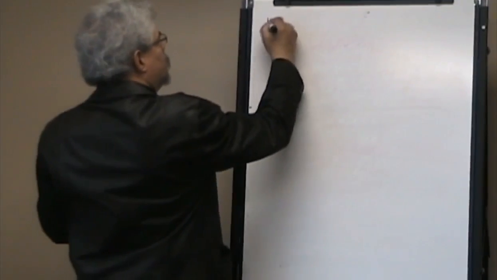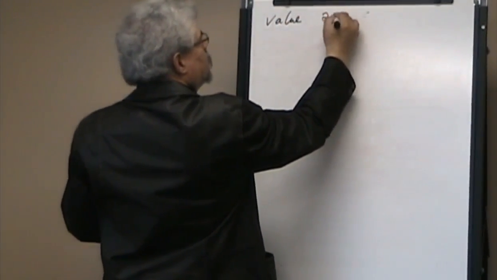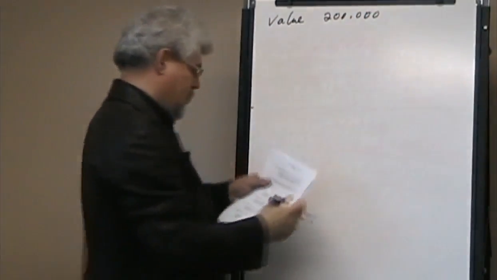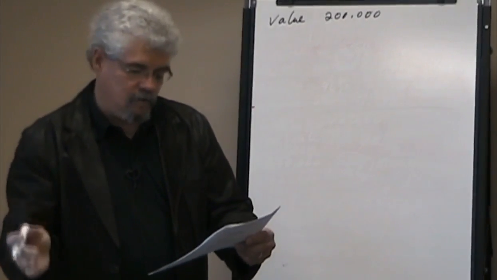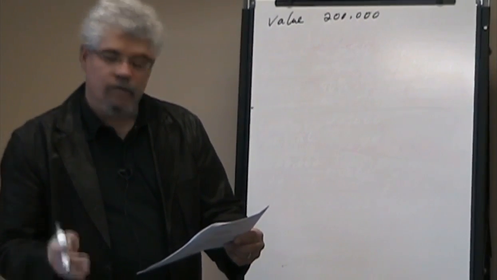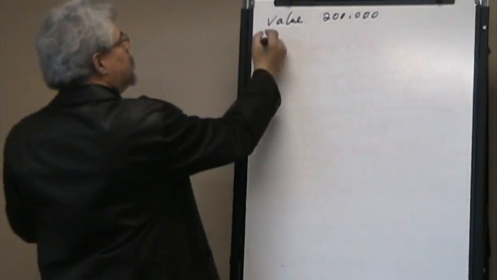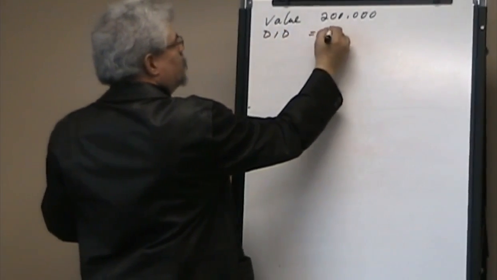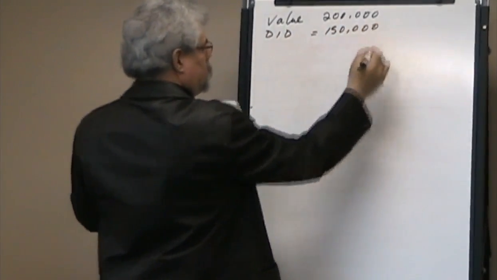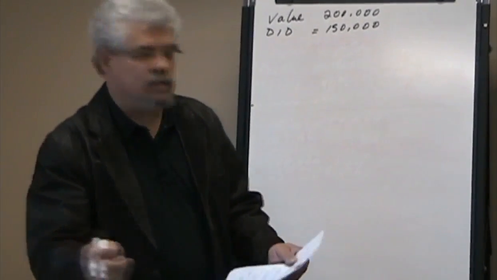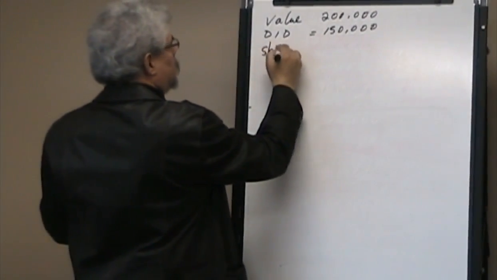If the owner of a building worth $200,000 value buys $150,000 of insurance. Buys, that means he did. That's the did, $150,000. With a 90% co-insurance clause, that's the should.